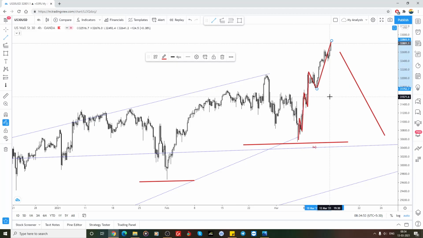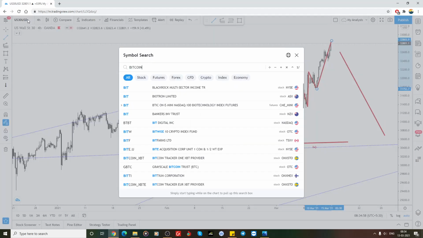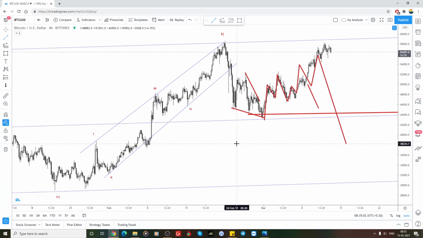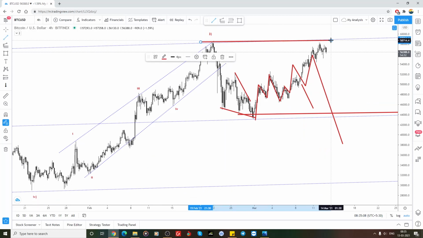So let's see. And the Bitcoin, as I said, is in the fourth wave, the bigger fourth wave. It has not yet broken this high. Here the high was 58,321, and here the high was 58,266.